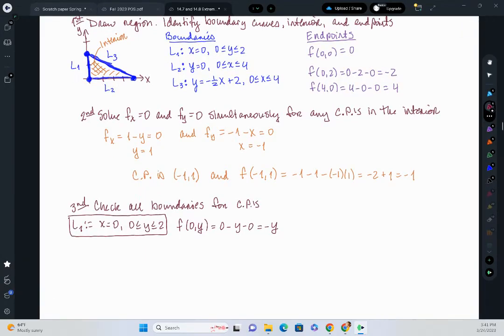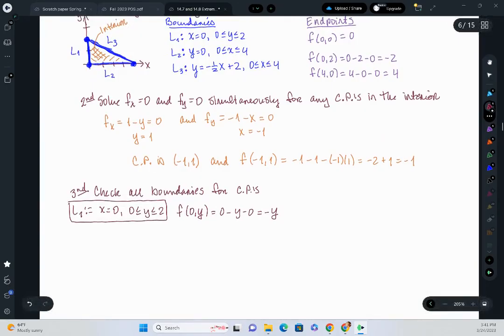Okay, this is a single variable function, which means taking derivatives is even easier now. So we're going to solve f sub y equals 0.